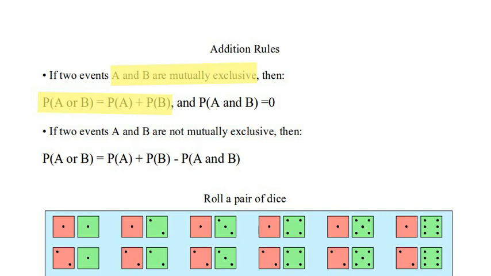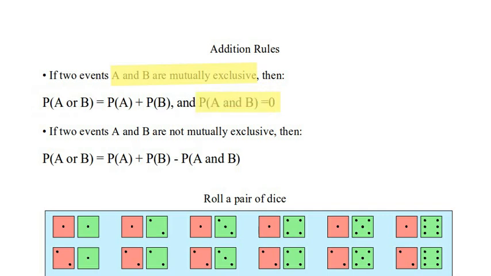This is very similar to the question that we asked earlier about pulling 2 cards from the deck. If we pull an ace and a 7, say, well, you can't have an ace and a 7. Those are mutually exclusive, so we'd simply add the probability of pulling an ace to the probability of pulling a 7. But we've got another result as well, and that is the probability of A and B happening is 0.